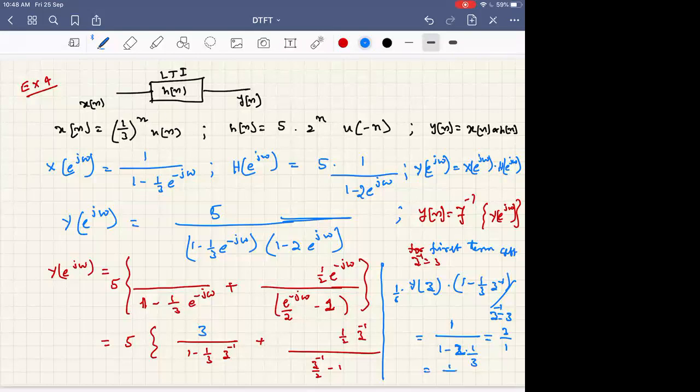When I write e power minus j omega, this becomes 1 by 2. Is there any issue? I think I'm getting 1 by 3, sir. I solved it directly. Yeah.